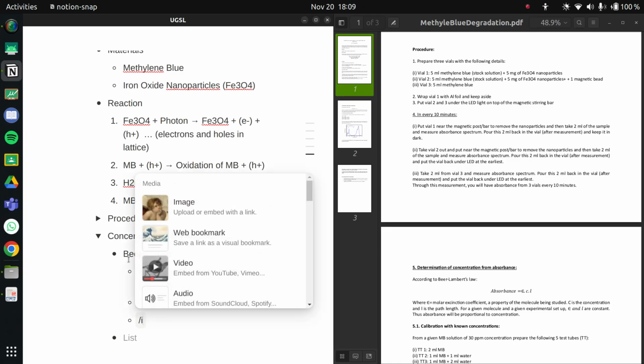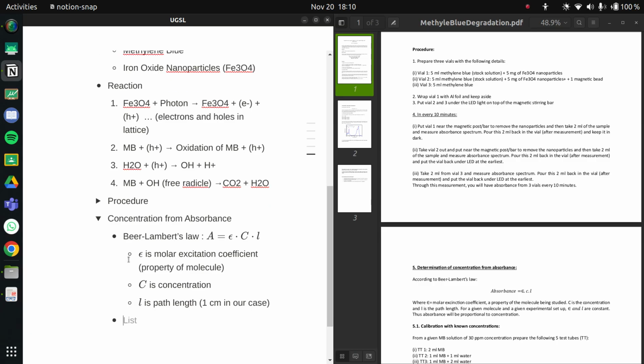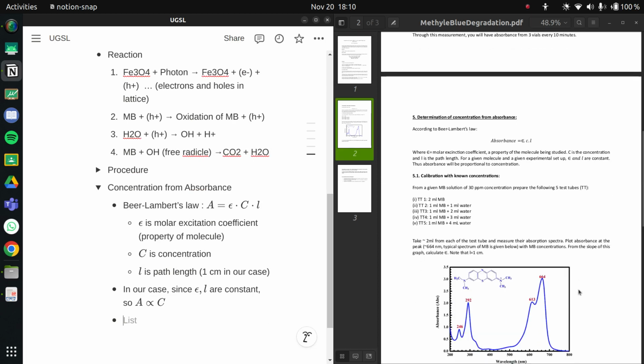Here is the path length. Okay, cool. So in our case, alright, that's fine.